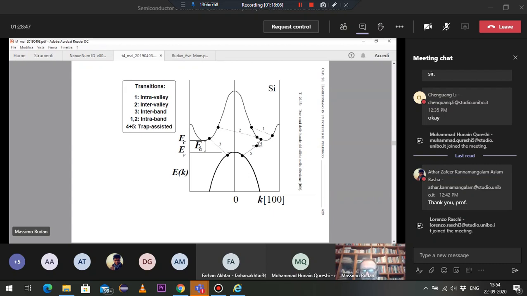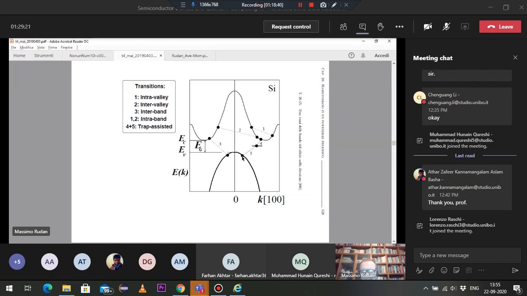So the combination of an event of type 4 followed by an event of type 5 is globally a recombination, because one electron moved from the conduction band to the valence band through this intermediate step. This is called trap-assisted recombination.